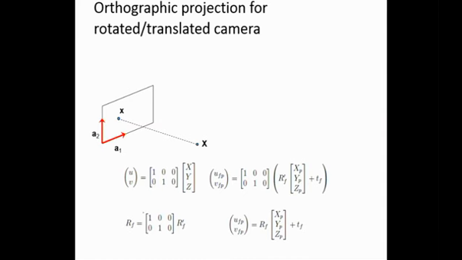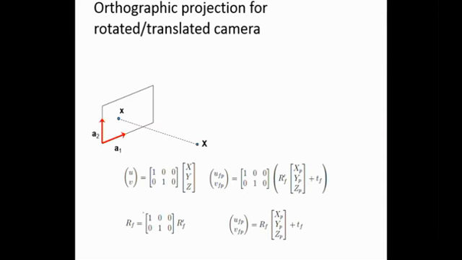Now my rotation matrix is multiplied by my 1, 0, 0, 0, 1, 0 matrix for the orthographic projection. My rotation matrix just becomes the top 2 rows of the rotation matrix. So this is a 3 by 3, and this becomes a 2 by 3 matrix, which is basically an affine projection. That's why it's called affine structure from motion.